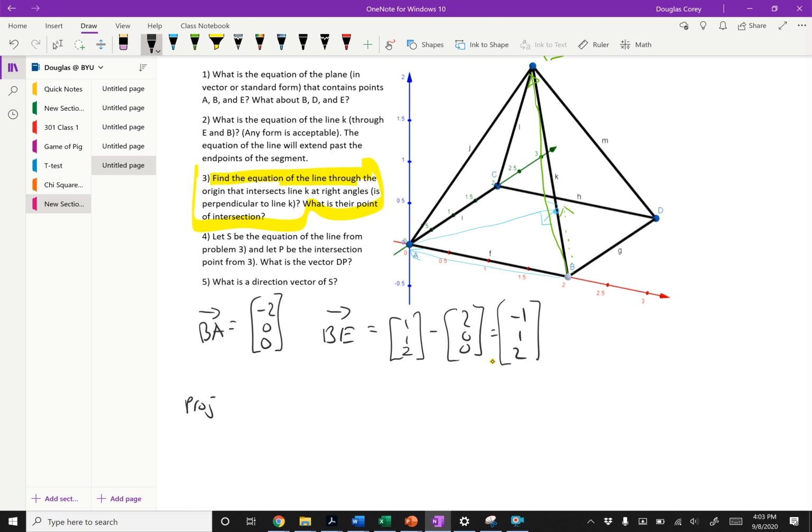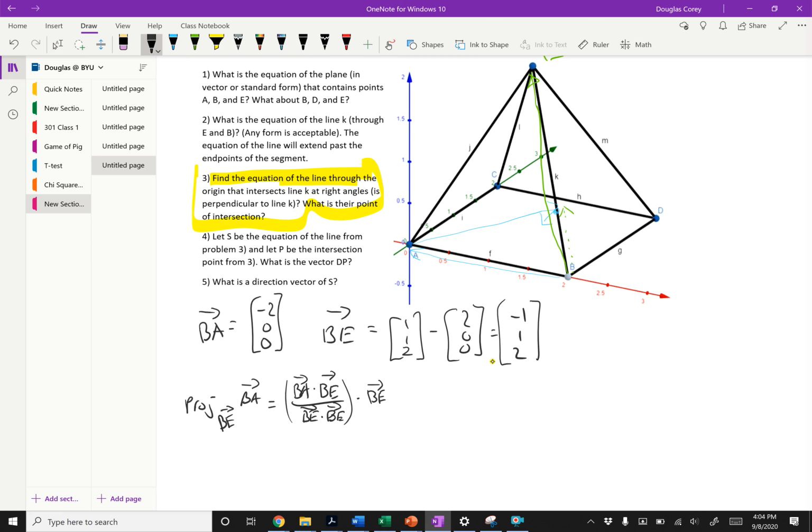So we're going to project BA onto BE, and the formula says, take the dot product of those two things, and then the dot product of the vector with itself that we're projecting onto, and multiply all of that by the vector we're projecting onto.